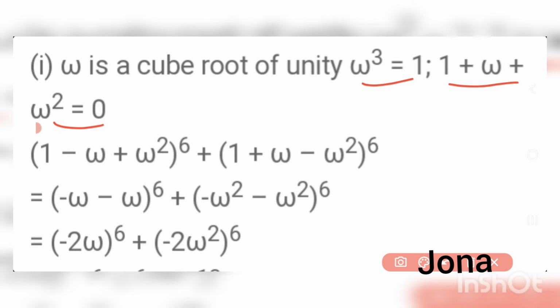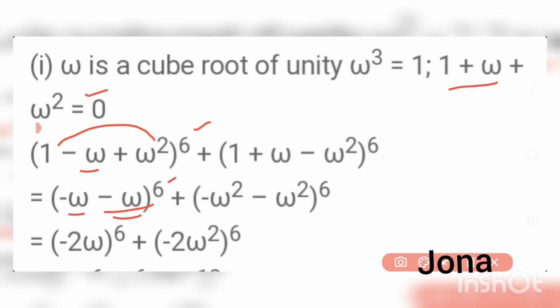Okay, so the given thing we are going to find here is (1 minus omega plus omega square) the whole power 6 plus (1 plus omega minus omega square) the whole power 6. Let me keep this minus omega as it is. 1 plus omega square is nothing but minus omega, from these results we can take the value.